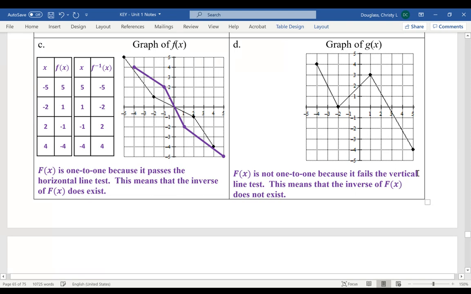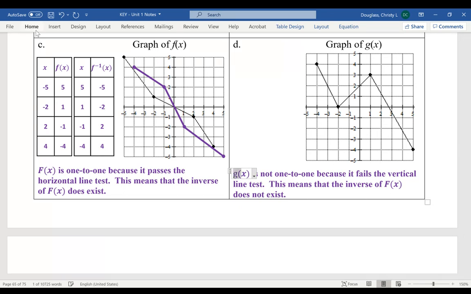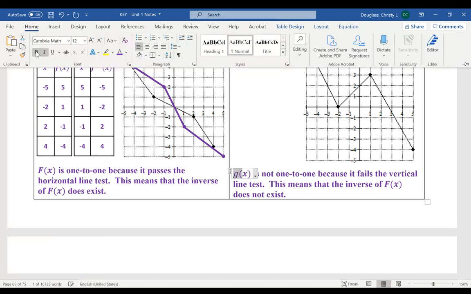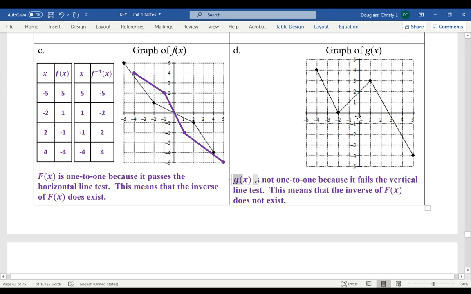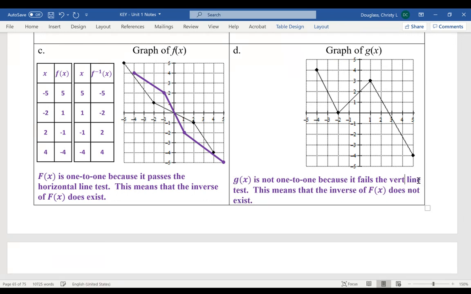Okay, and I made the same mistake over here on part D. F of x, or excuse me, this is g of x, so let's call it g of x. G of x is clearly a function. It passes the vertical line test. However, it fails the horizontal line test.